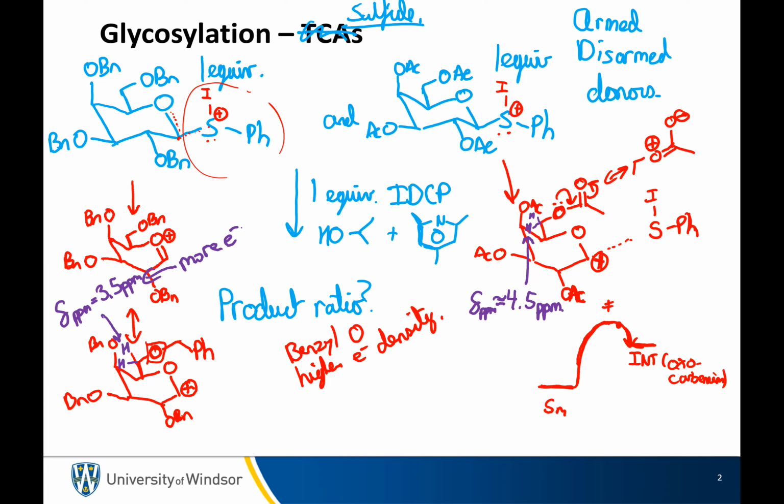Okay, now let's take that logic down to what is going to happen if you have an oxocarbenium. What we want to do is stabilize the formation of the oxocarbenium. To best do that, we want to maximize the electron density near the oxocarbenium because we neutralize part of the forming positive charge. So which of those two is going to better stabilize the positive charge because it's going to be able to provide more electron density?